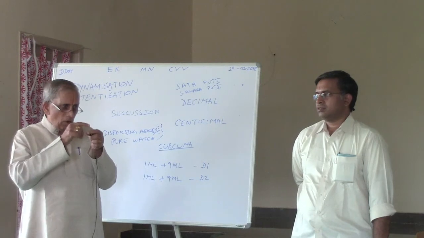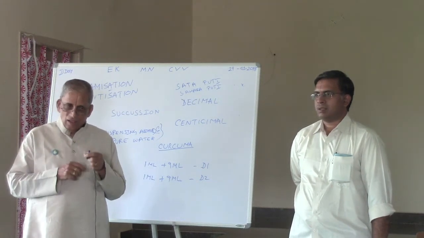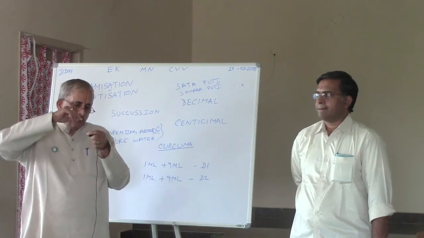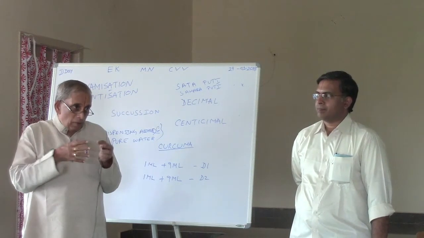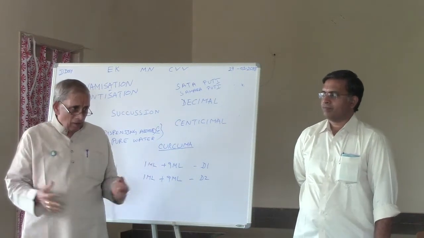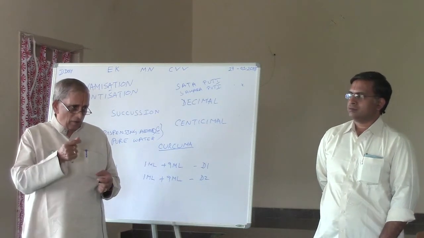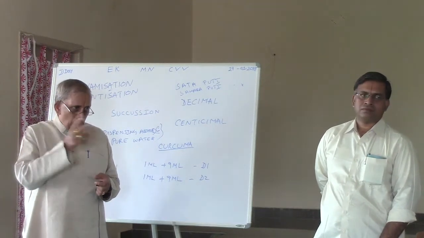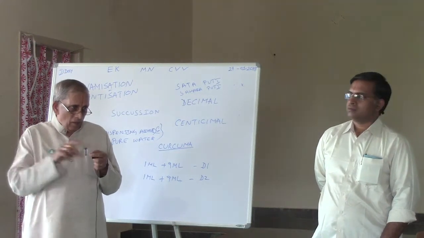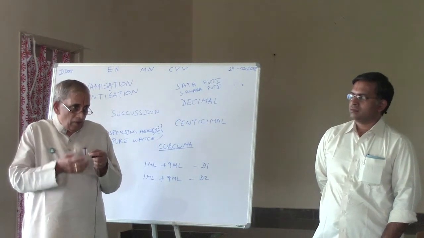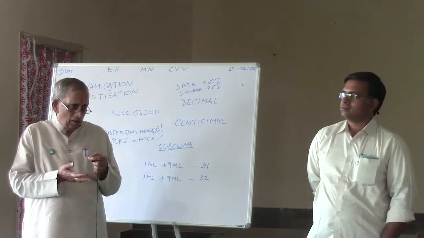You put the gold inside the crucible and close the crucible, and you put the crucible in the midst of the dried cow dung, and then fire it. The crucible gets heated by the fire of the cow dung.